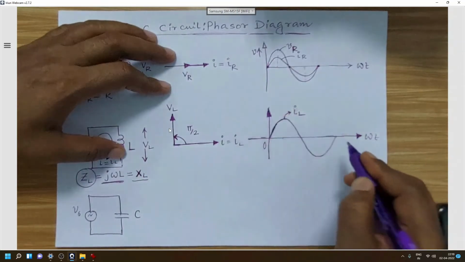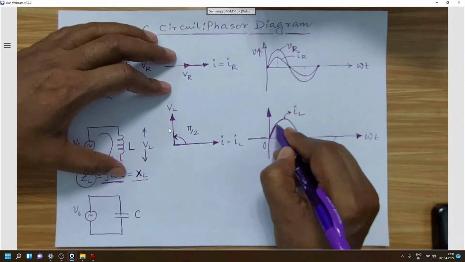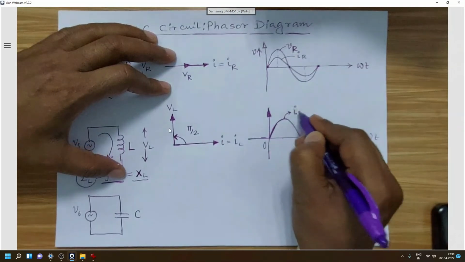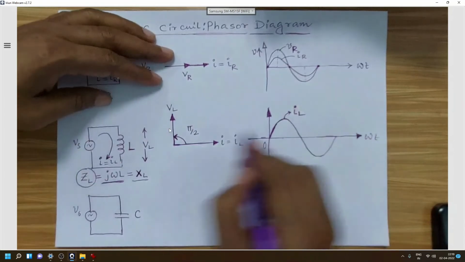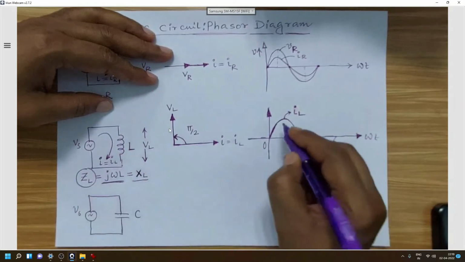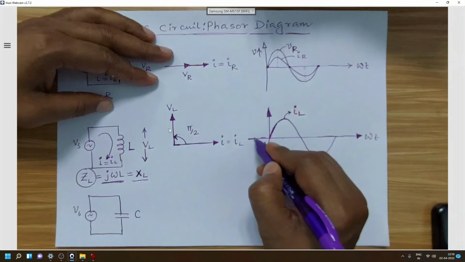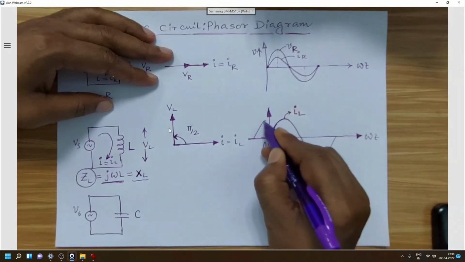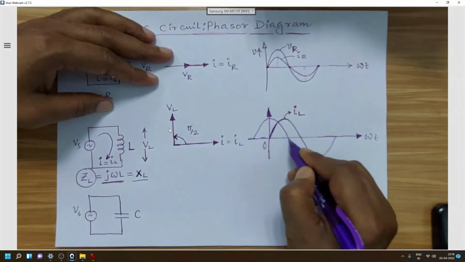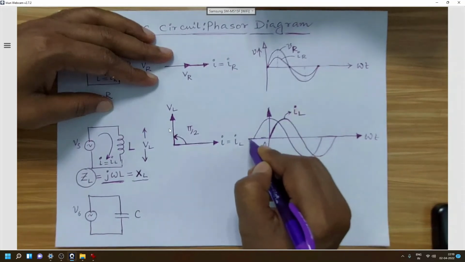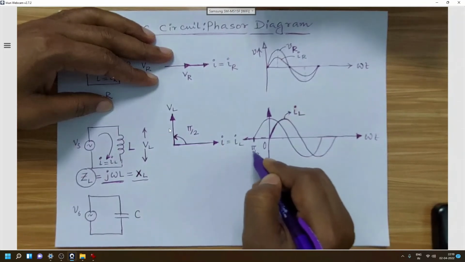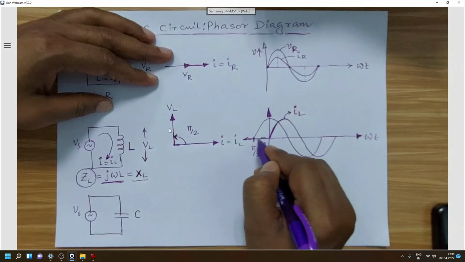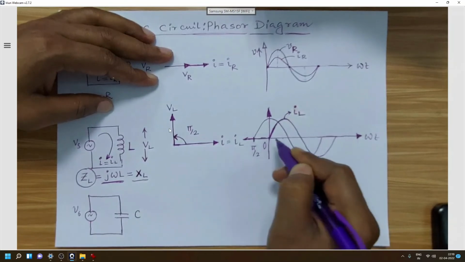If the sinusoidal waveform drawn here represents the current waveform for the inductive circuit we discussed, then the voltage waveform will start at the point pi by 2 at the left hand side of the origin 0.